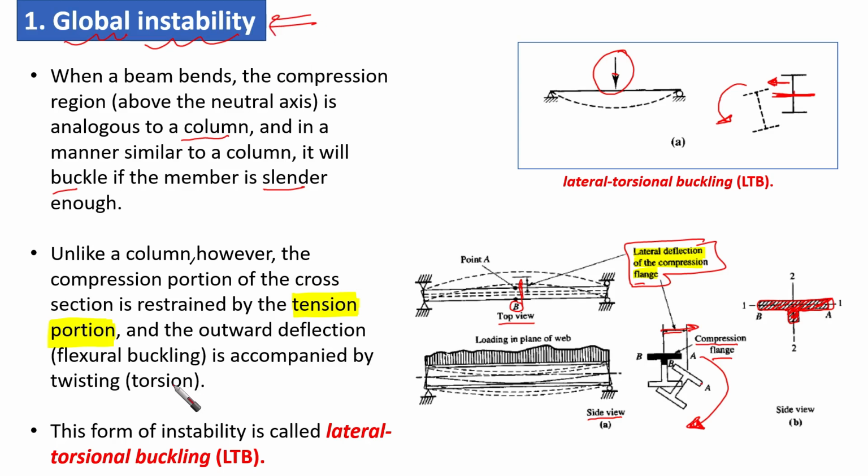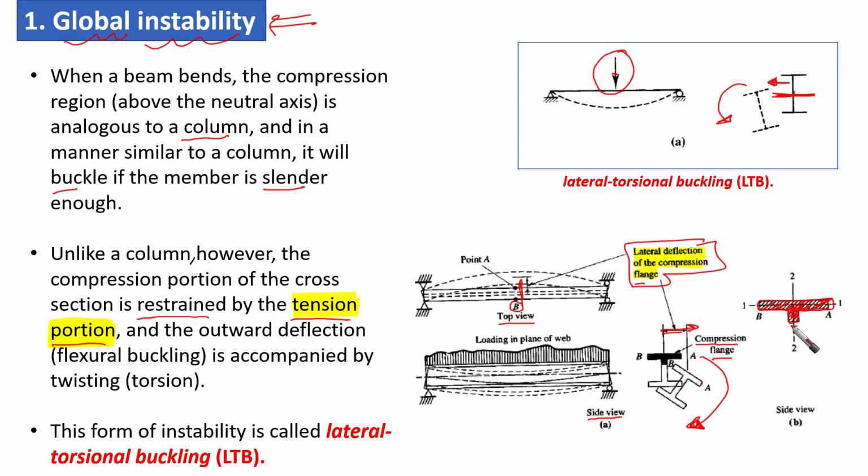Okay, the difference between what we were discussing before regarding the compression member and the column, and what is going to happen for the global instability of the beam, is that the compression portion of the cross section is restrained by the tension portion.